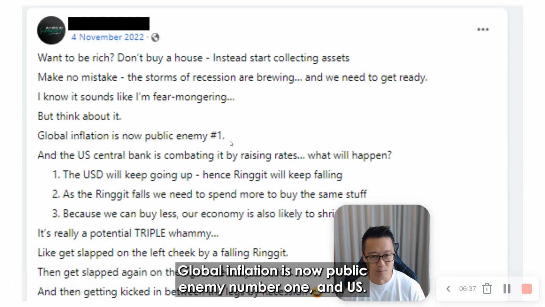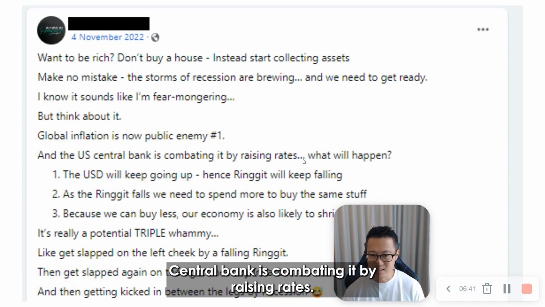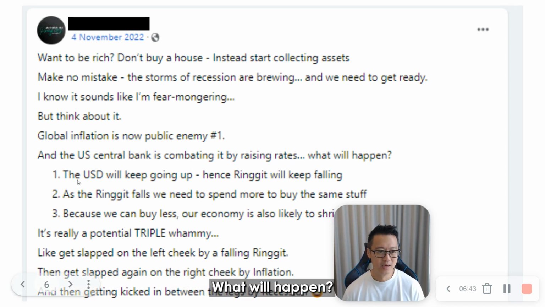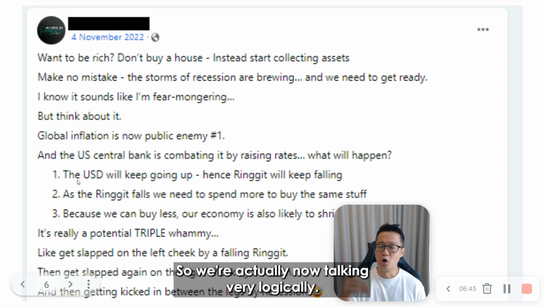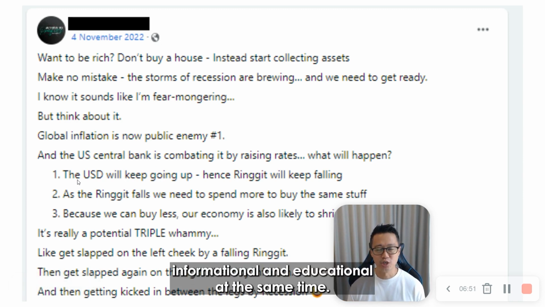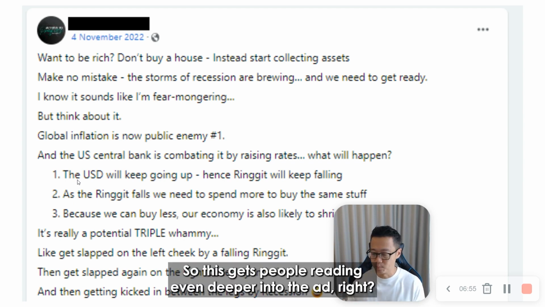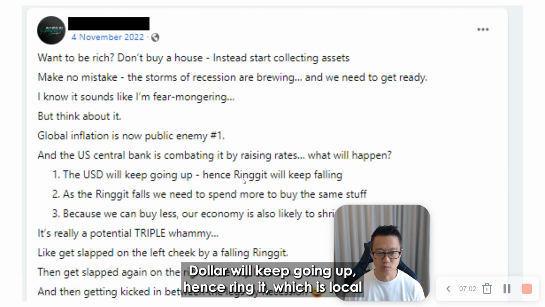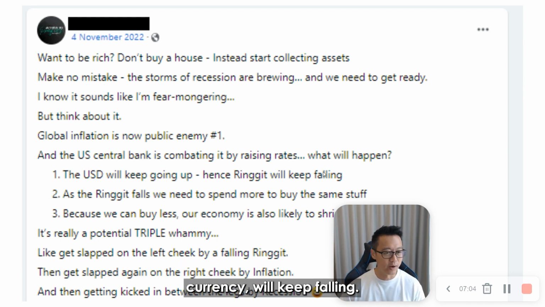Global inflation is now public enemy number one, and the US central bank is combating it by raising rates. What will happen? So we're actually now talking very logically, right? We're explaining what's going to happen, which is both informational and educational at the same time. So this gets people reading even deeper into the ad, right? The US dollar will keep going up, hence ringgit, which is the local currency, will keep falling.